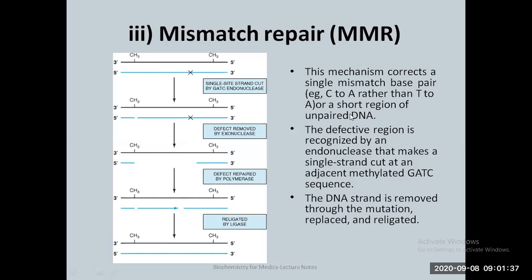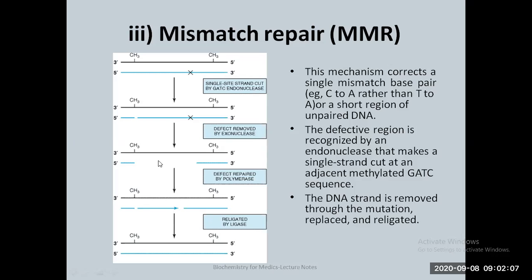Here we have a simple example. You see here the CH3 groups, both strands are methylated, and here we have a mismatch. A single strand is cut by GATC endonuclease. One strand will be cut, with a cut here. Then the defect is removed by exonuclease.